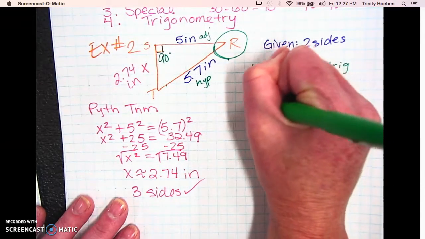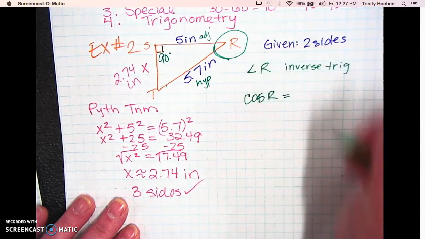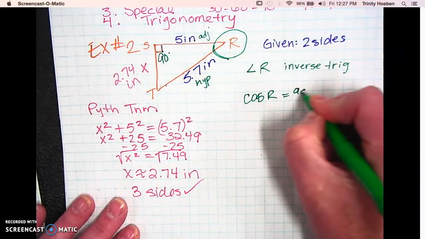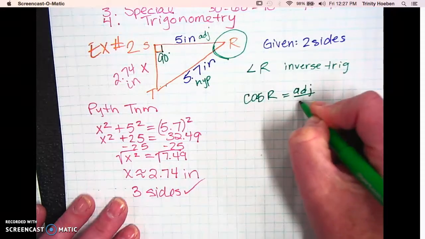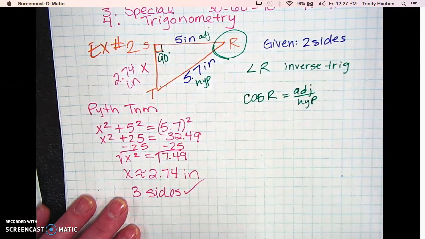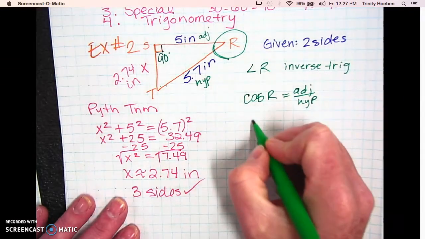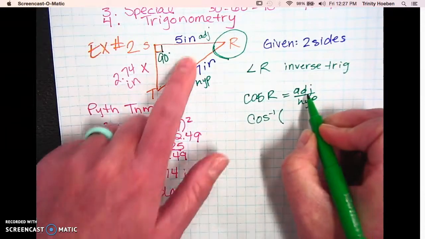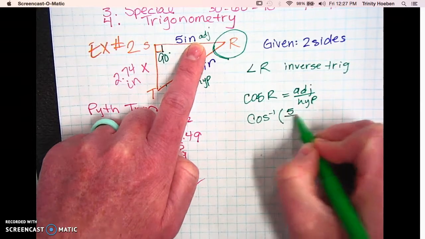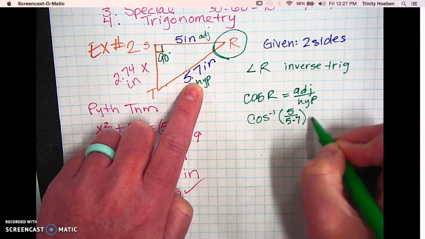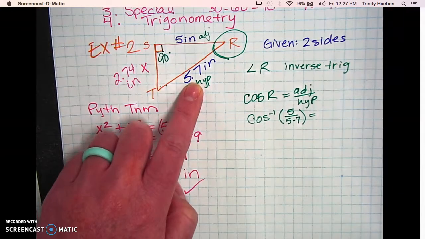So the cosine of angle R is going to be equal to the adjacent over the hypotenuse, which means if I do the inverse trig of those numbers, the 5 over the 5.7, it's going to give me an angle measure.